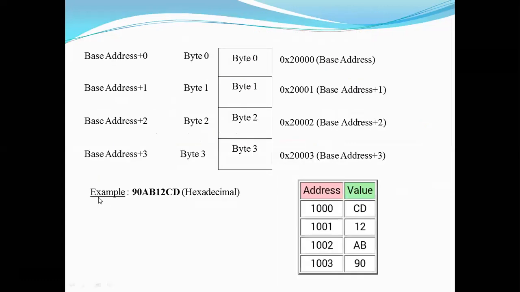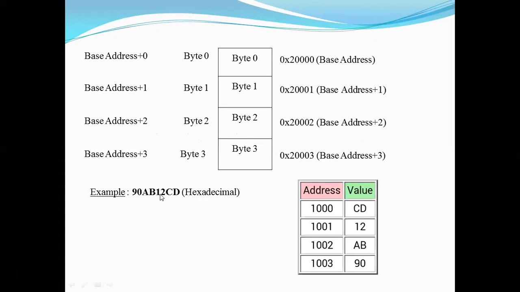Here you can see the example 90AB 12CD. Suppose this data has to be stored in the memory. Can you see on the left-hand corner how this data is stored? Some of the processors follow the little endian format. What is happening? The CD, this is the first lower byte, will be stored in the lower address 1000.